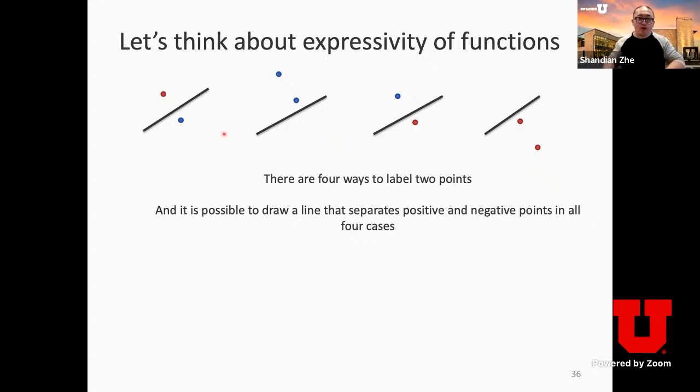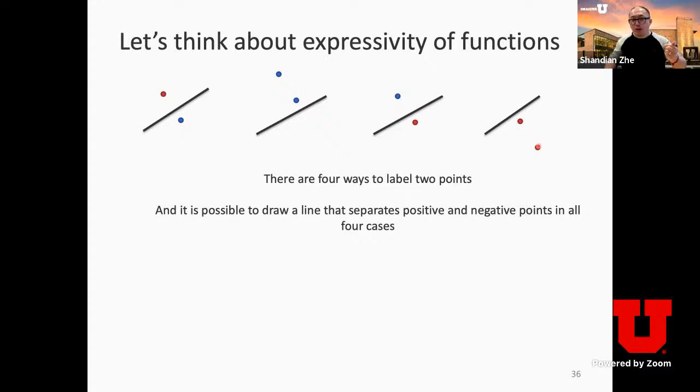If we only have 2 points, staying in a 2-dimensional space, like here, there are in total 4 ways to label the 2 points: 1 positive, 1 negative; 2 negatives; 1 negative, 1 positive; and 2 positives.